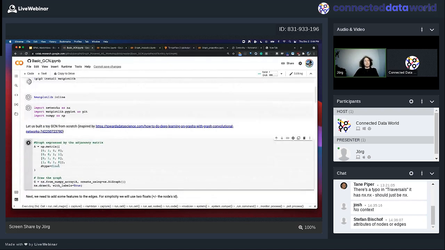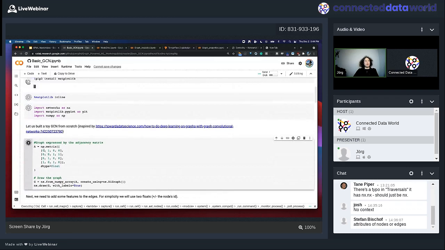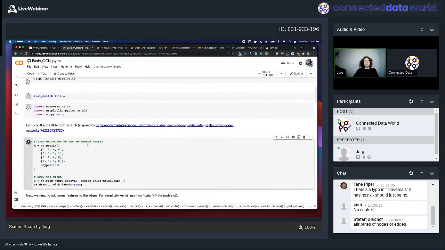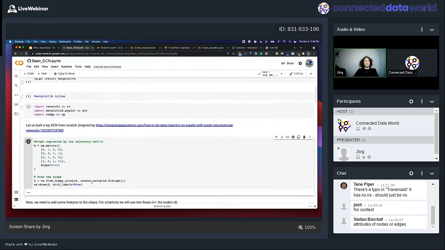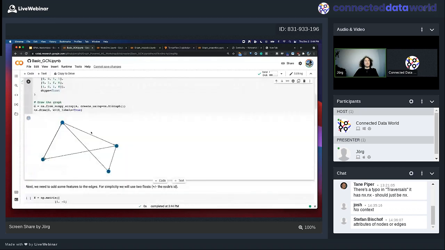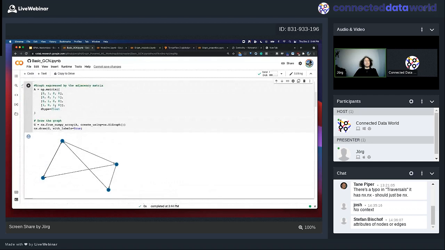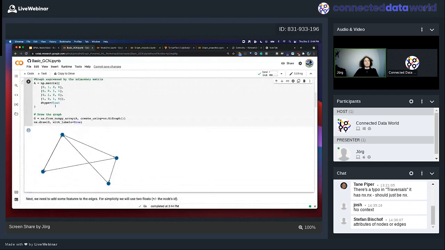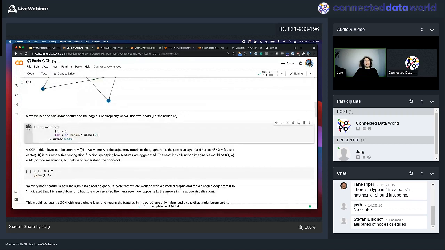For example, here we now really come to the representations we talked about in the beginning. We can represent a graph by this adjacency matrix here. And NetworkX luckily also has a function to draw it from a NumPy array. So this is pretty much the graph represented by this adjacency matrix. Now we are just going to add some random features.